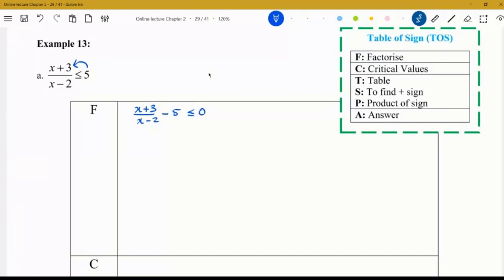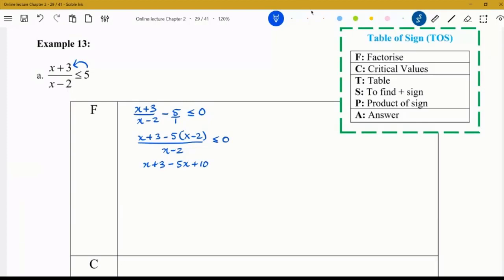So kita nak balancekan denominator, everything adalah over x minus 2. So ini ibarat 5 over 1. So we can have x plus 3 minus 5(x minus 2), and then bahagian bawah adalah x minus 2. Okay, simplify bahagian atas kita jadi apa? X tambah 3 tolak 5x tambah 10.